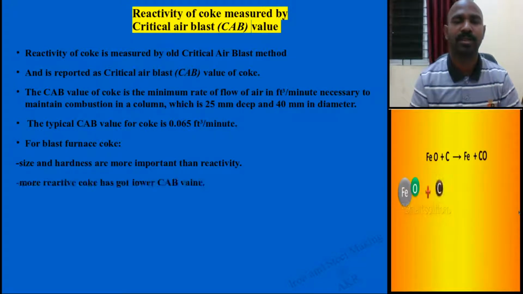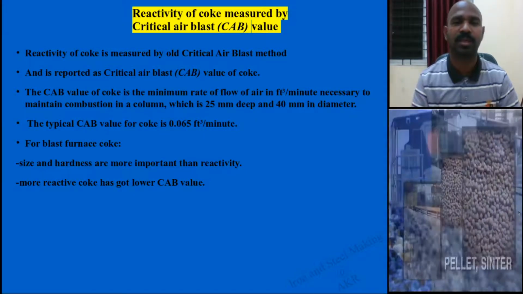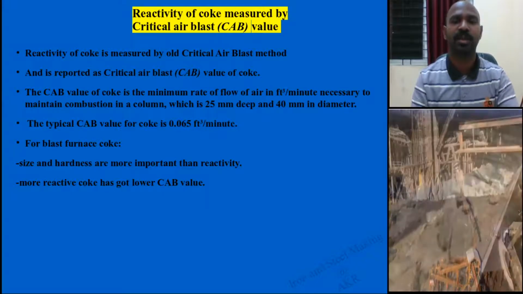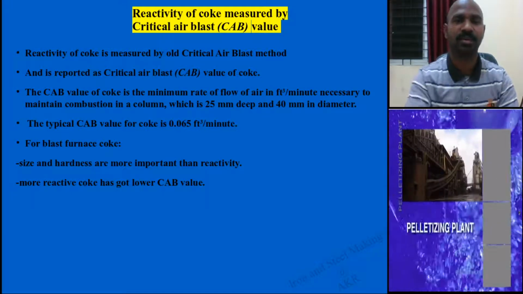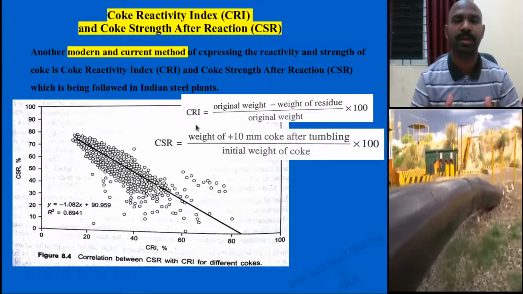But this value is also related to reactivity. The more the reactivity, the lower the CAB value. Lower CAB value, more reactivity. Higher CAB value, low reactivity, which we require. This optimum value is maintained in many Indian steel plants.